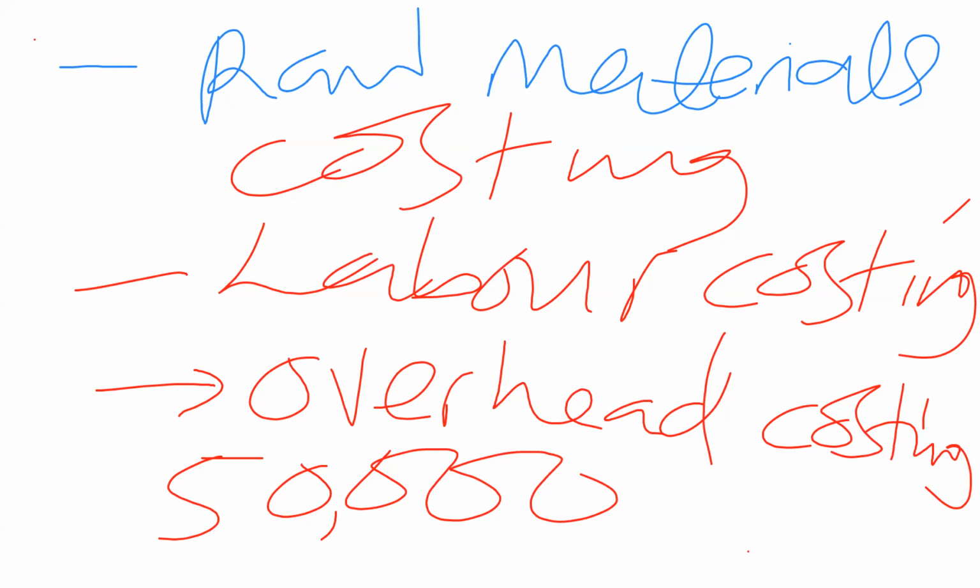So in overhead costing, we will understand that sometimes we use machines when we are producing. As we use those different machines, there are some machines that can be used by different departments. One machine, this department is using, and that other department is using the same.